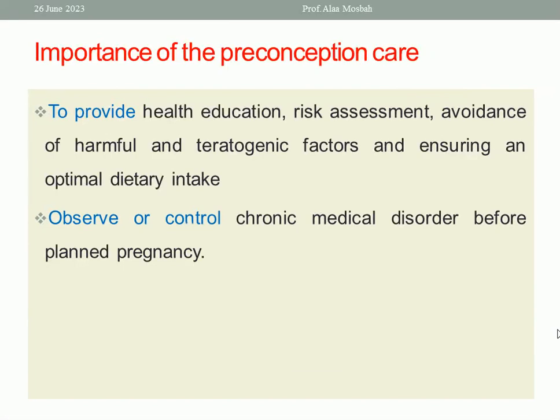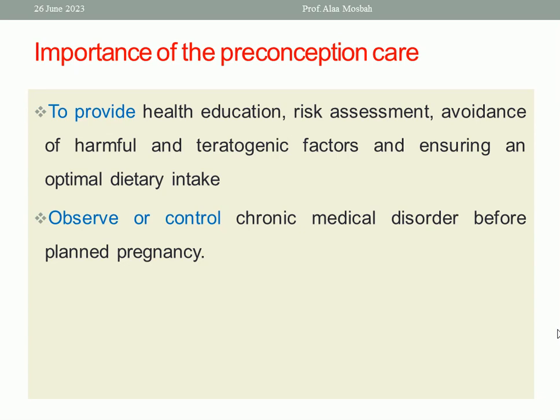Okay, what about the importance of preconception care? Here we are not talking about antenatal, we are talking about preconception care. Preconception care is important to provide health education, risk assessment, avoidance of harmful and teratogenic factors, and ensuring an optimal dietary intake. If there is anemia, we should correct anemia.